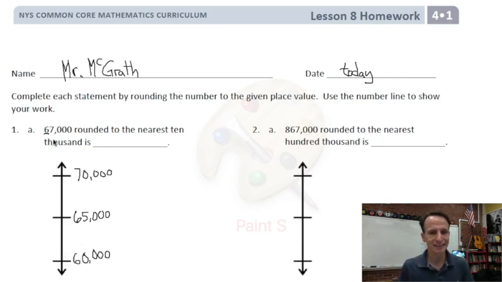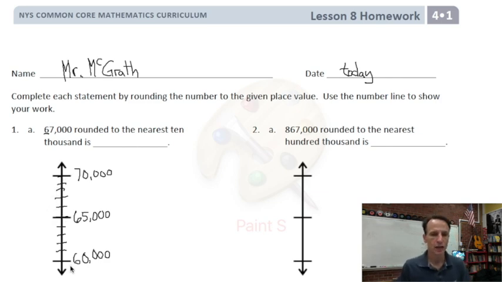So now we're rounding 67,000 on this vertical number line. Well, let's mark off each point here. 60,000 and then 61,000, 62,000, 63,000, 64,000, we already have 65,000, 66,000, 67,000, 68,000, 69,000, 70,000.